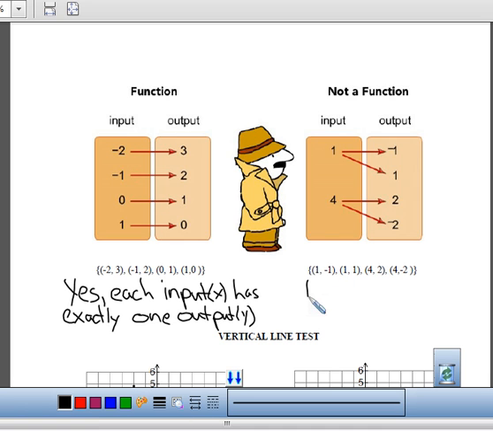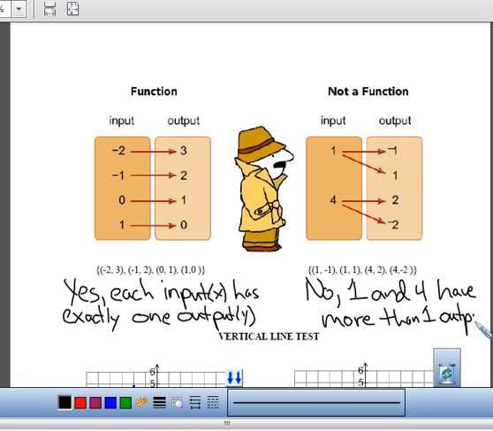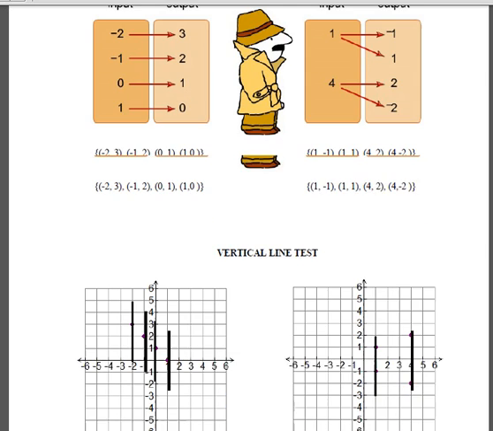When you're going to answer this, you'll say, no, it's not a function, and the reason why: 1 and 4 have more than one output. And if you want to say that they have 2 outputs, that's fine. I always just say more than one. Okay, because it's going to be different every time.